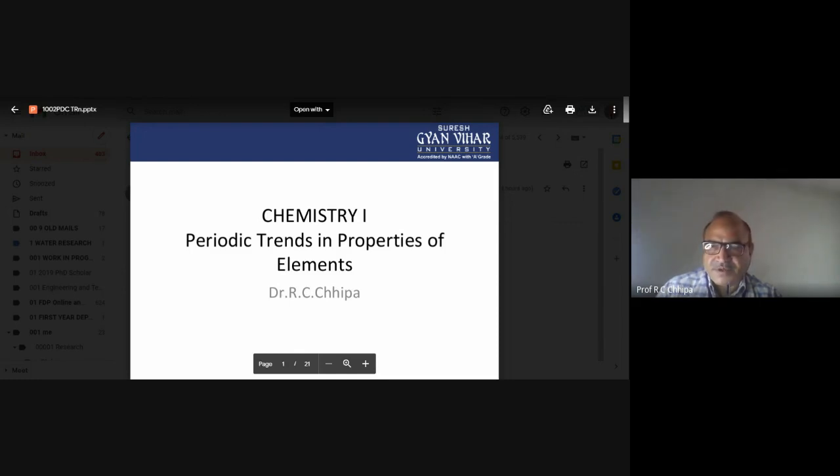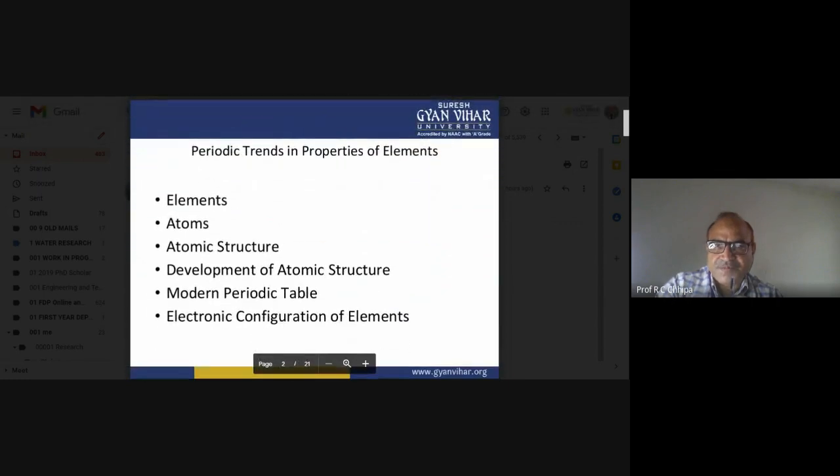Now we have the modern periodic table, which explains that there are different periods available, with systematic arrangement by period number: 1, 2, 3, 4, 5, 6, 7. From left to right are the periods of the periodic table, and from top to bottom are their respective groups.